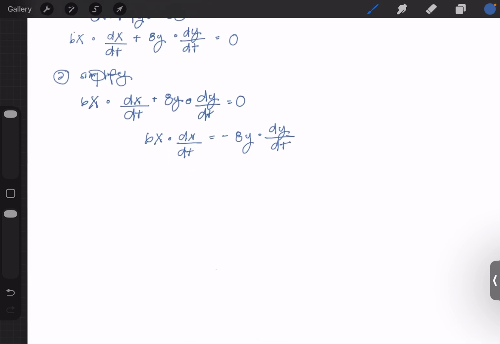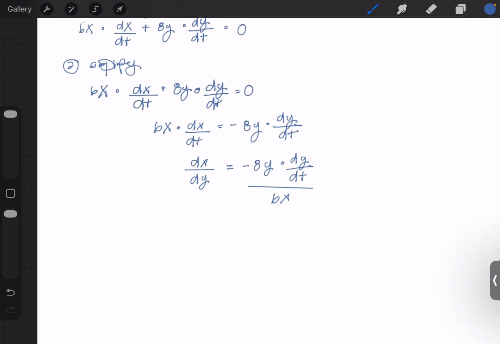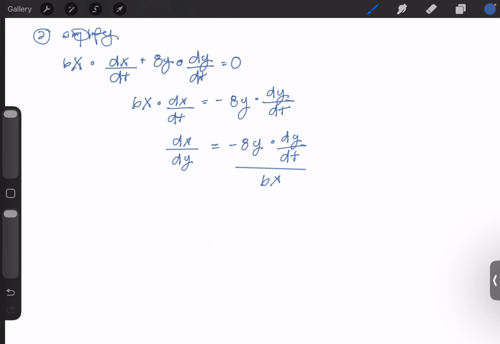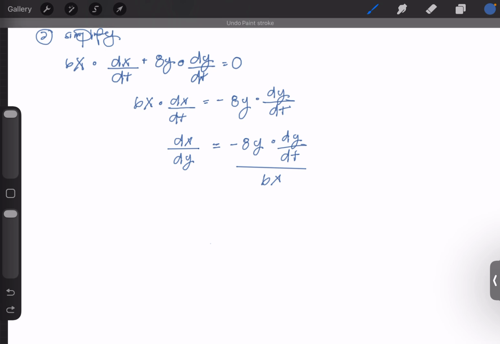And then we can divide both sides by 6x. So we get dx over dt equal to negative 8y multiplied by dy over dt, divided by our 6x. Okay, and then we have even numbers here, so we can simplify that even further.